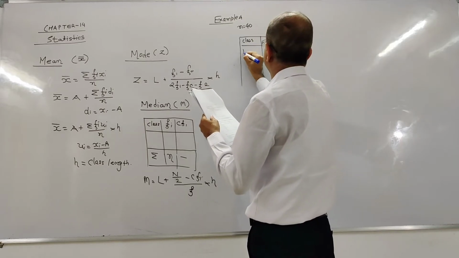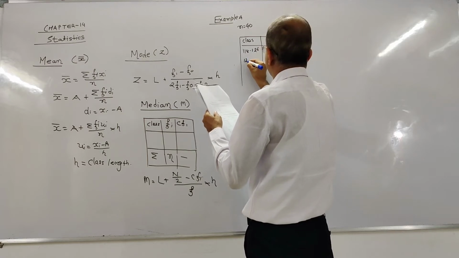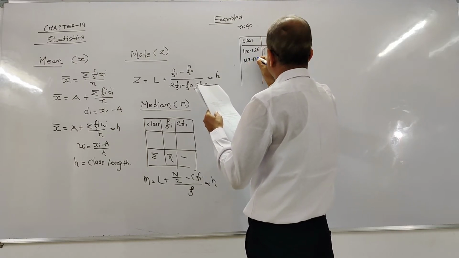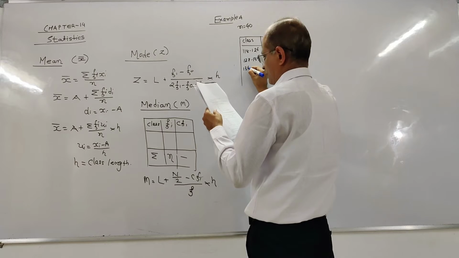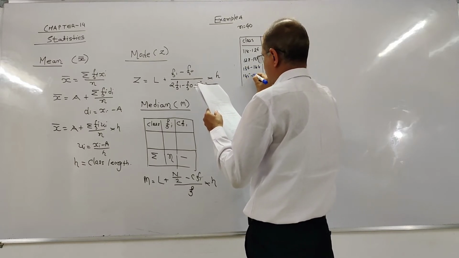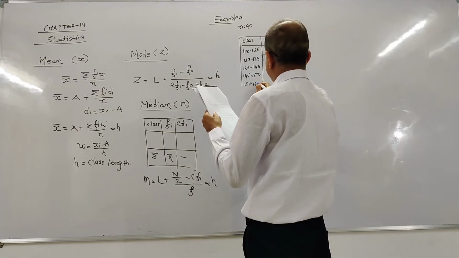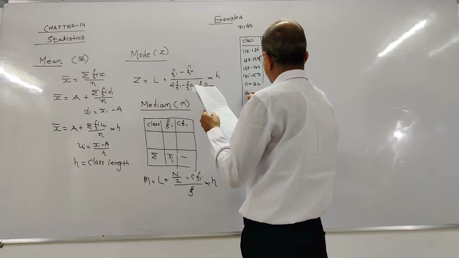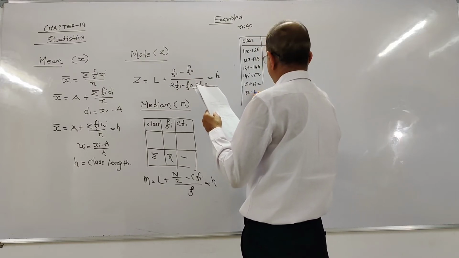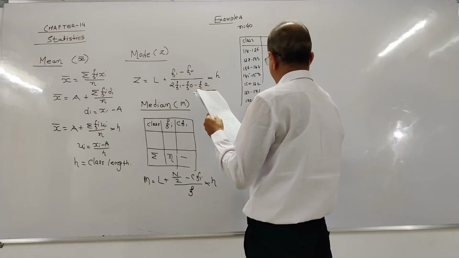The first class is 118 to 126, 127 to 135, 136 to 144, 145 to 153, 154 to 162, 163 to 171 and 172 to 180.